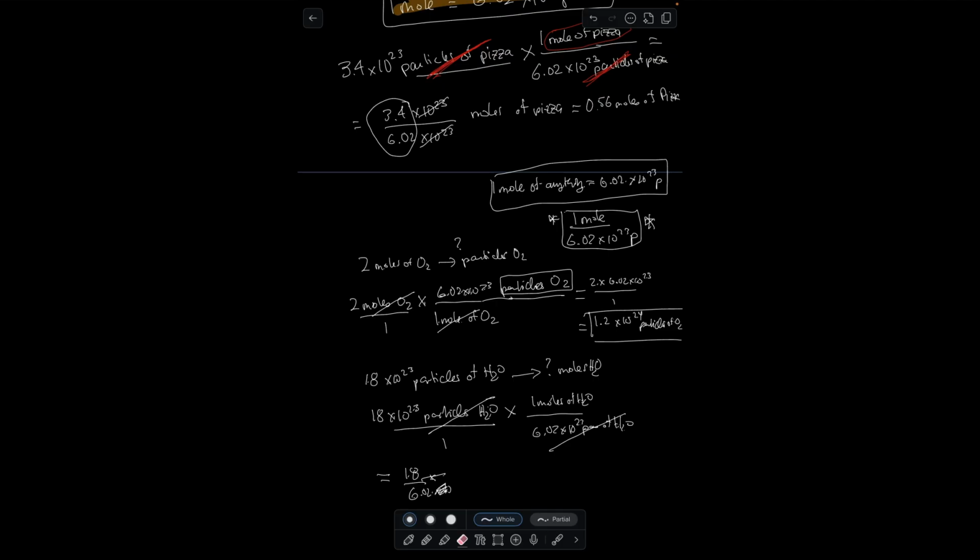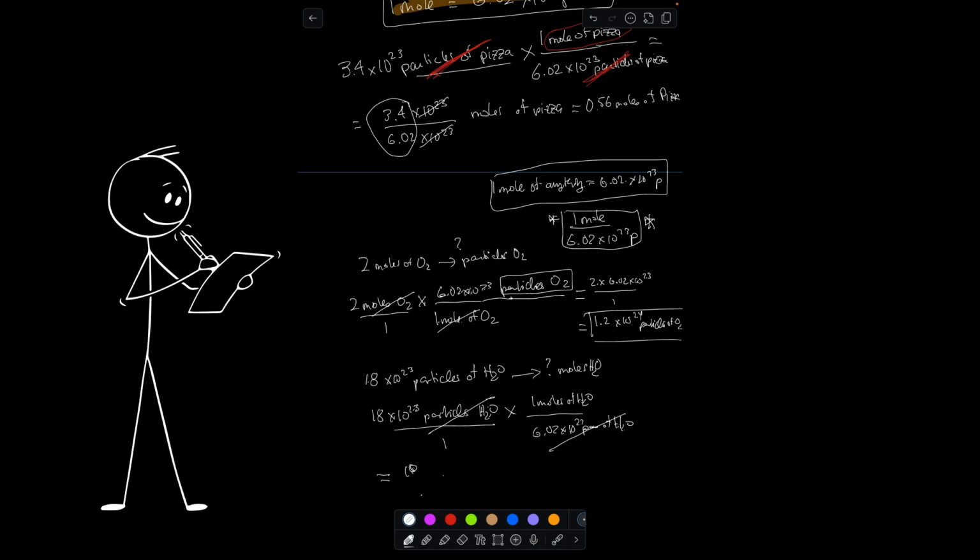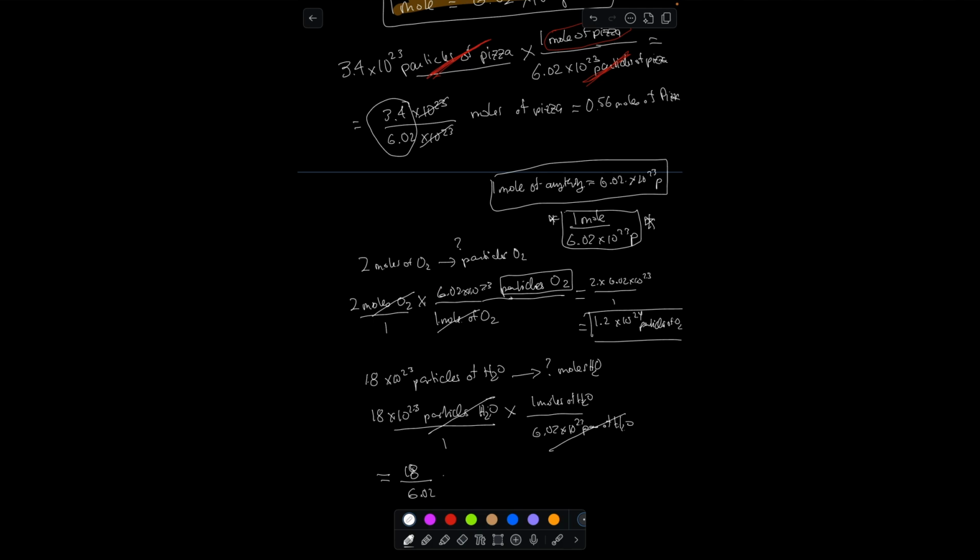That's right, you will be left with 18 divided by 6.02 because obviously those exponents would be canceled out, and that would be moles. You'll be left with moles of water, which is equal to 2.99 moles of H2O.